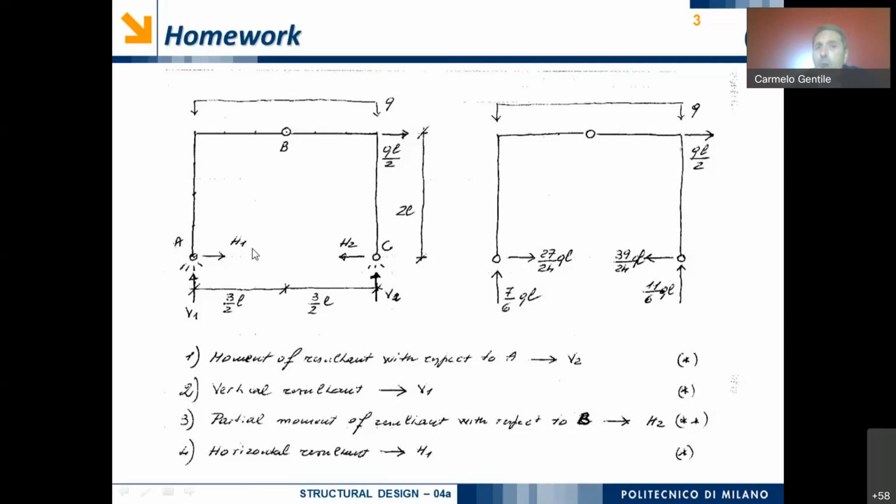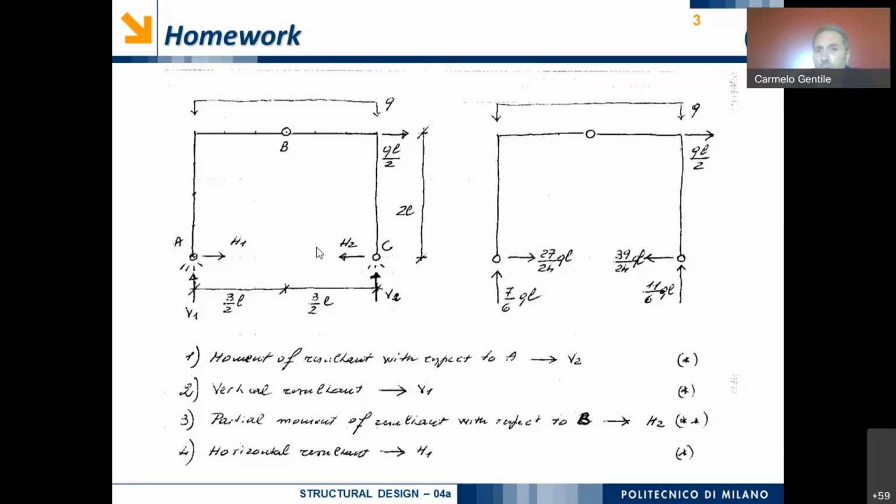Okay, at this moment, the only unknowns are the horizontal forces. So what we have to do, for example, is to evaluate the horizontal force H2 by making a partial moment equilibrium of all the forces acting on beam BC with respect to point B. By doing this, the only unknown is H2, and very easily I can evaluate the value of H2 as 39/24 times QL.